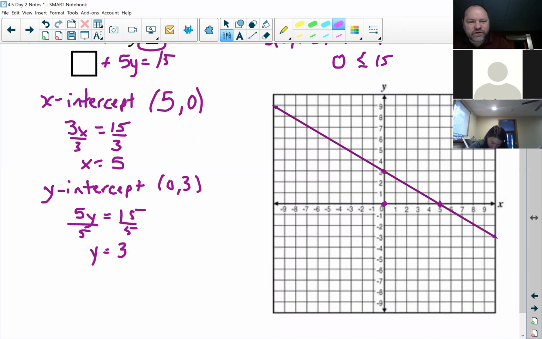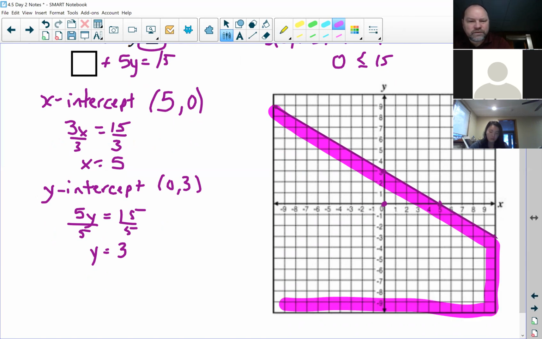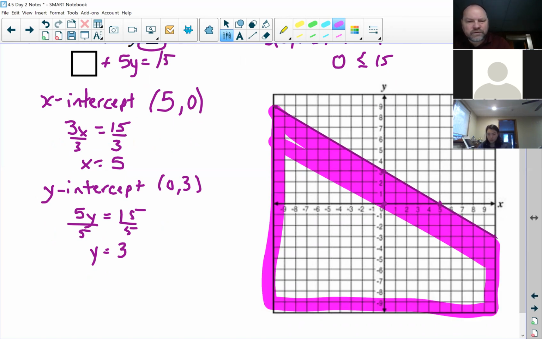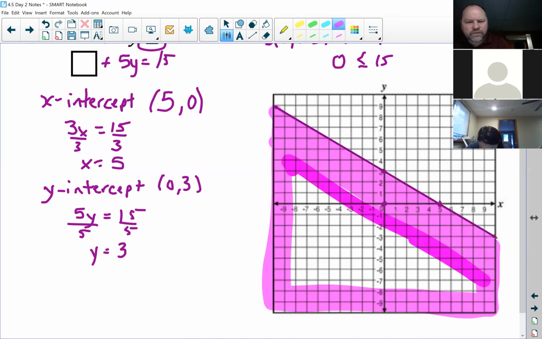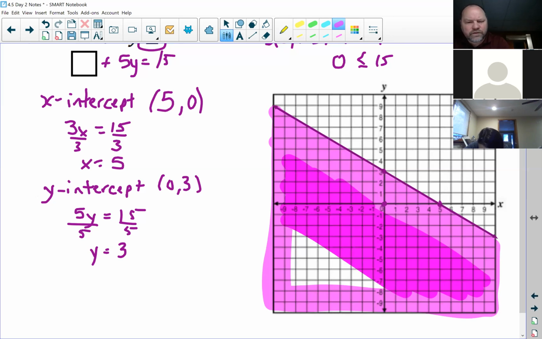So we shade on this part. And there is our solution.